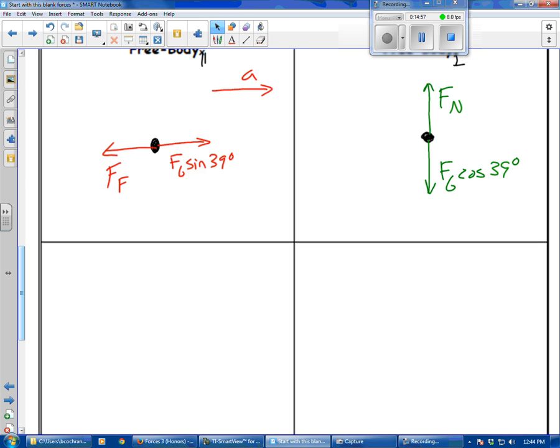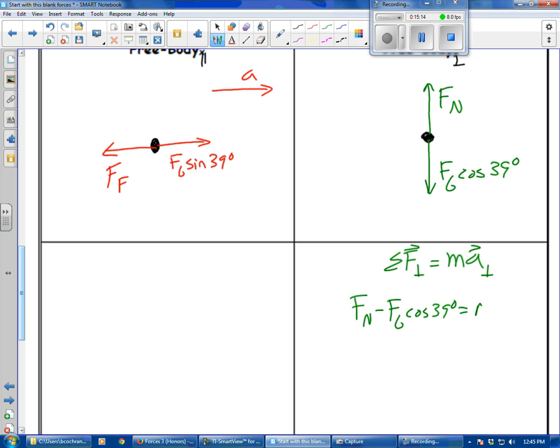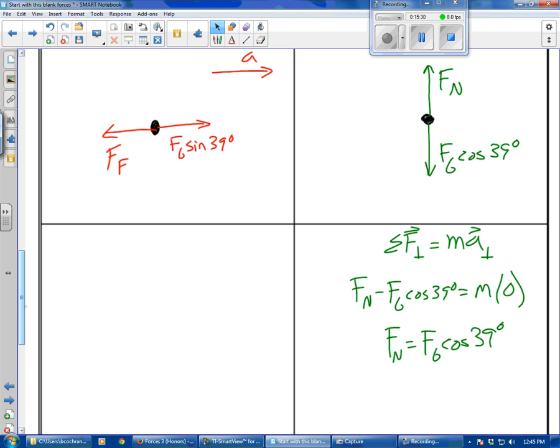So I end up with force normal minus FG cosine 39 degrees equals m times 0. So the normal force equals the component of the gravitational force that's perpendicular to the surface, if you want to be very technical about it.